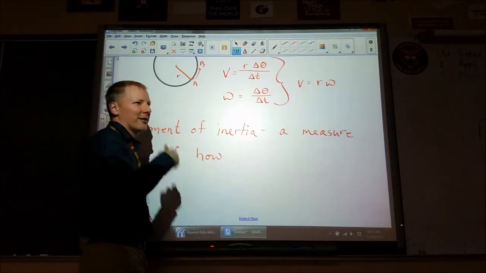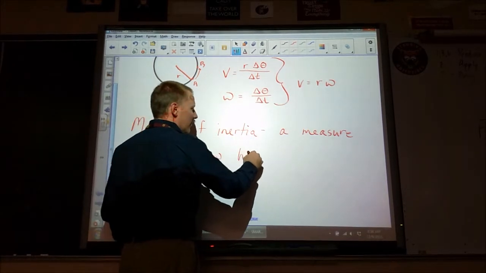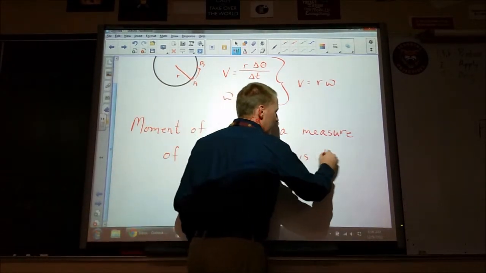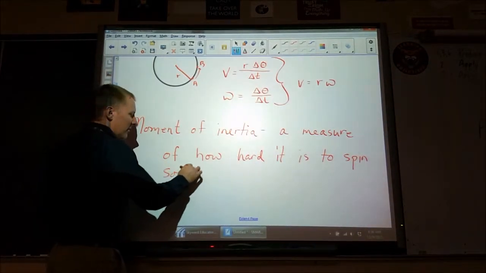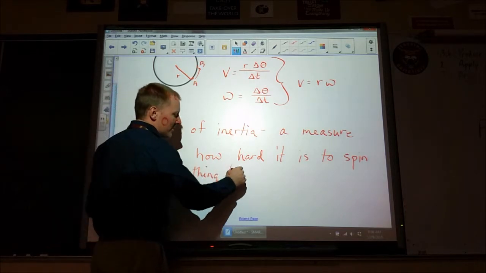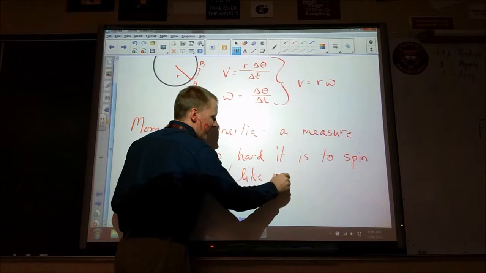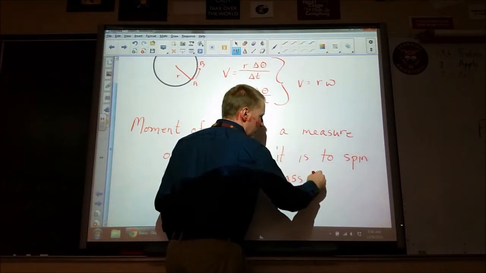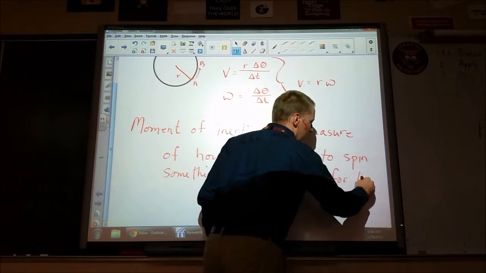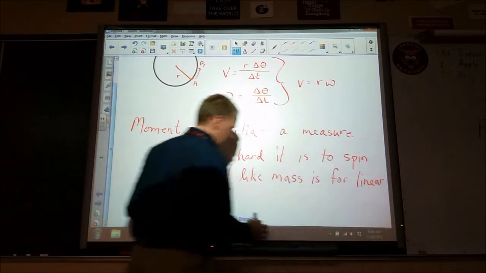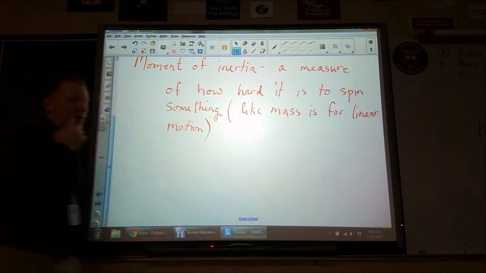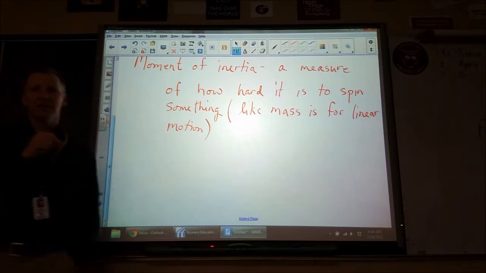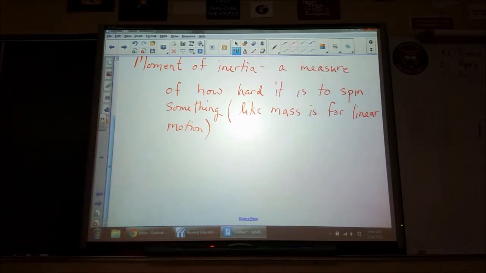So we have a kind of an angular or spinning inertia, like mass is for straight line linear motion. And what we saw was that this isn't just a measure of the mass. Certainly something that's really massive is going to be harder to get to spin.